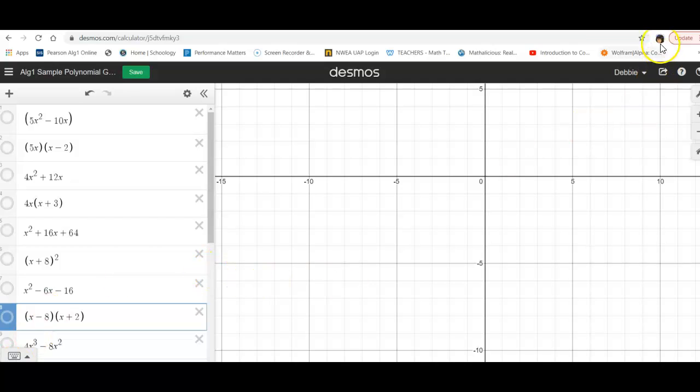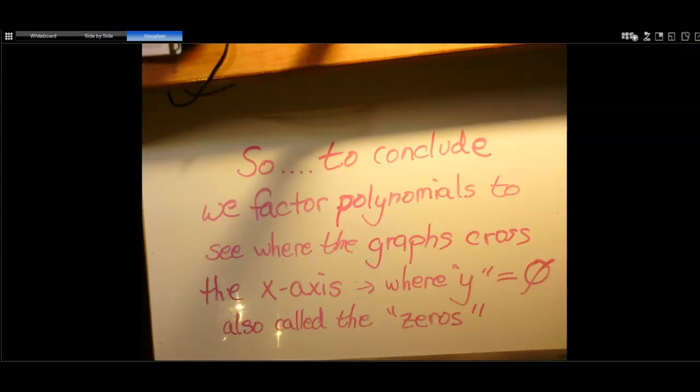So, to finish this video, let's go back to the document camera. We factor polynomials to see where the graphs cross the x-axis, where y equals 0.